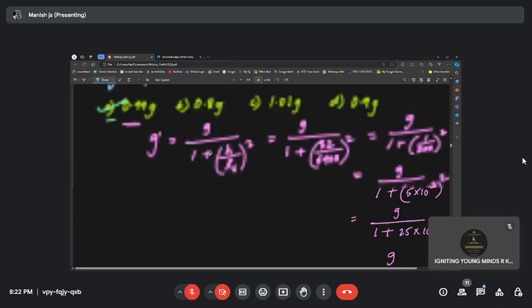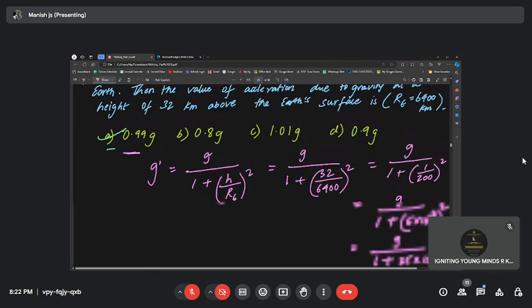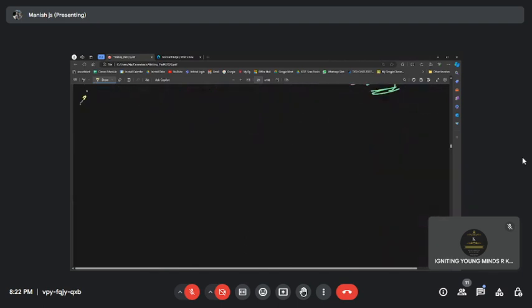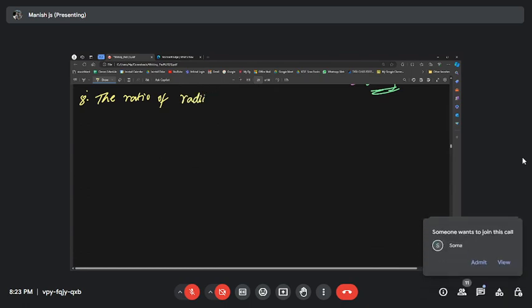So next, question number 8. So let's move on to the next question. Question number 8. Okay. Right. The ratio of radii, radii is basically the plural form of radius.